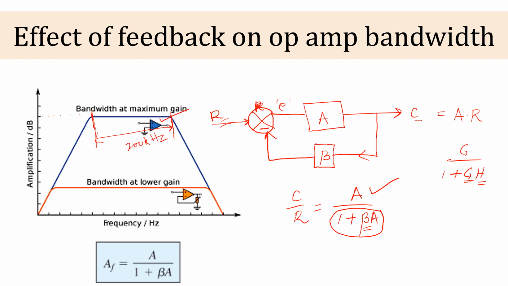And when we use the negative feedback, the gain decreases abruptly, okay, but there is one advantage, and the advantage is the bandwidth is now more, because we have the same plot and it has to follow the same path.